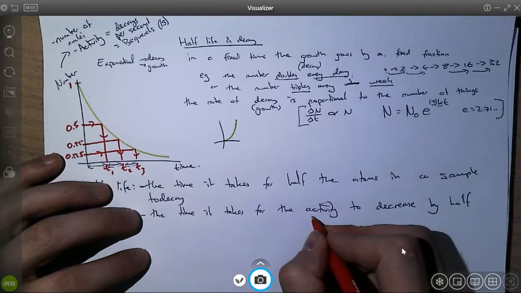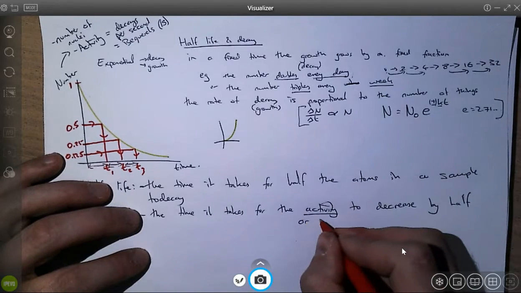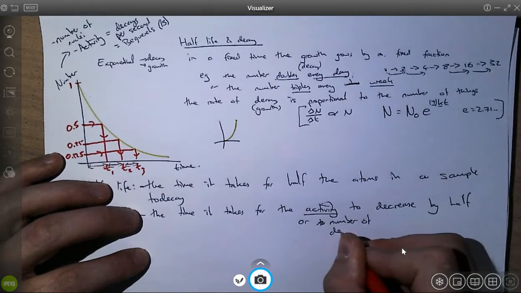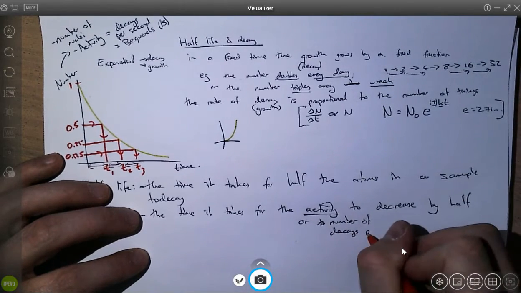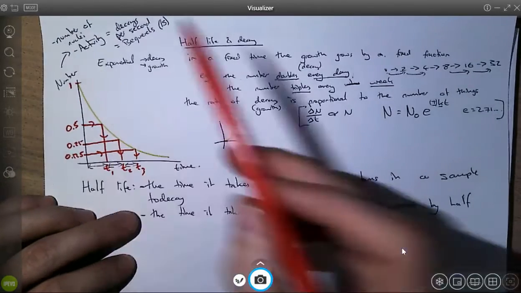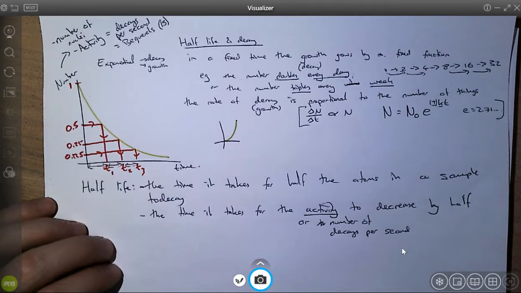Or instead of activity, it could be the number of decays per second to decrease by half, because like I said, all these things are linked.